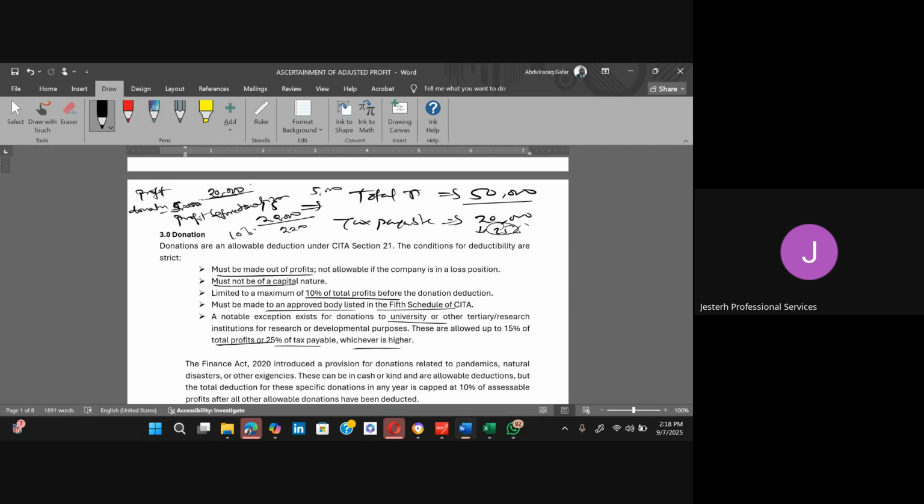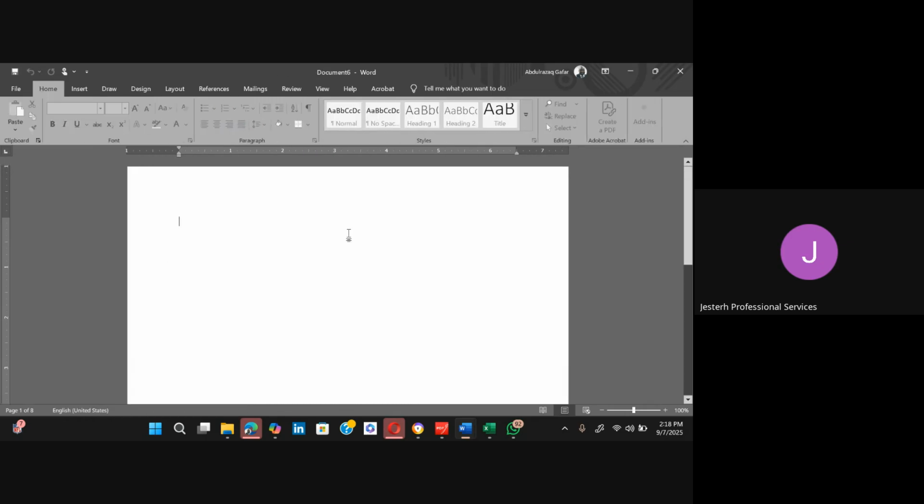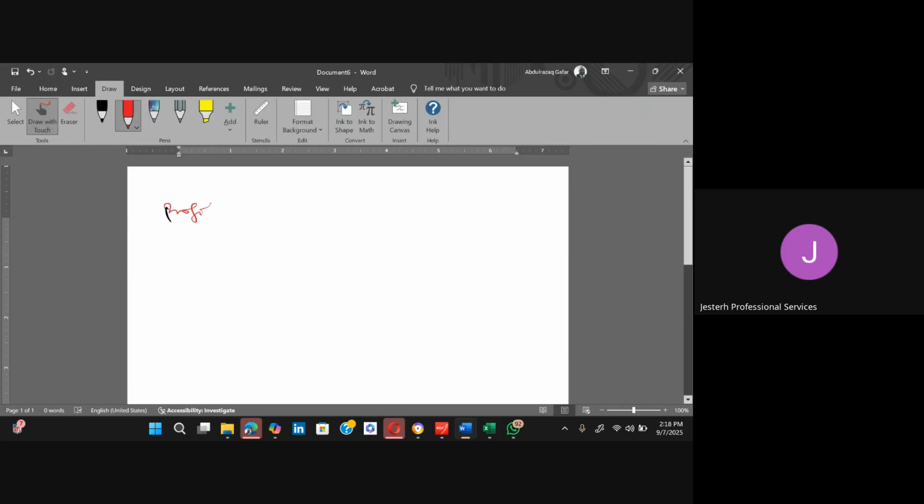Let us assume that your total profit is 20,000, which means this is profit after donation, because you must have given your donation before you arrive at your profit. But you gave a donation of 5,000.